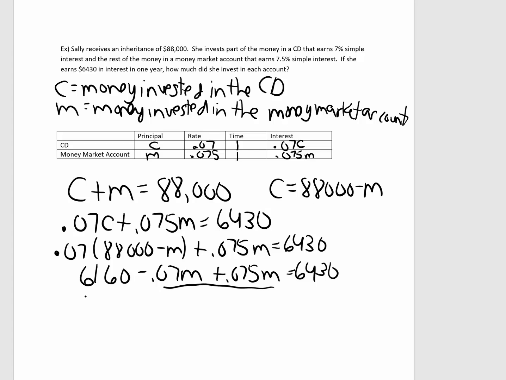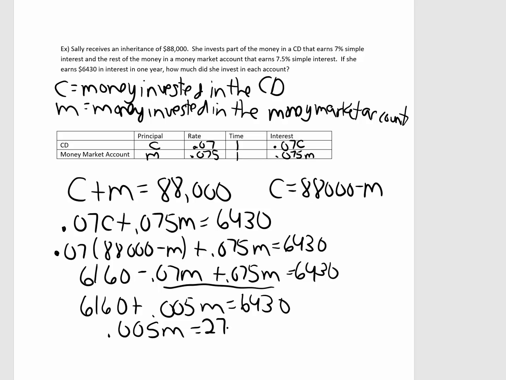Combine like terms. Subtract the 6160. And then divide by the decimal. And we get M equal to 55,000.